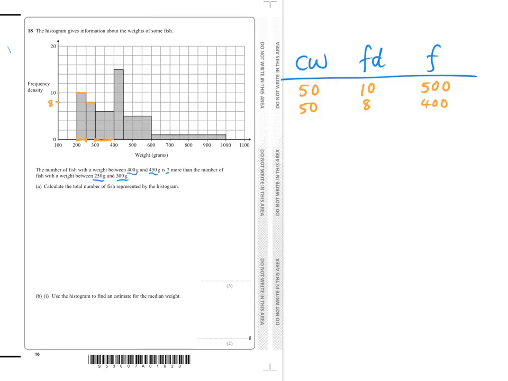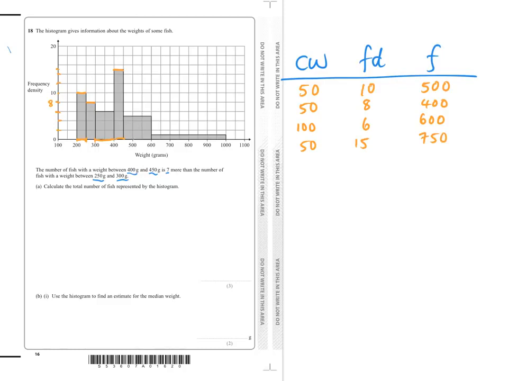The next one, class width 100, and then 2, 4, 6, so that's 600 altogether. The next one is 50. The height here is 12, 14, that's 15. So that's going to be 750, so that's going to become key later on.